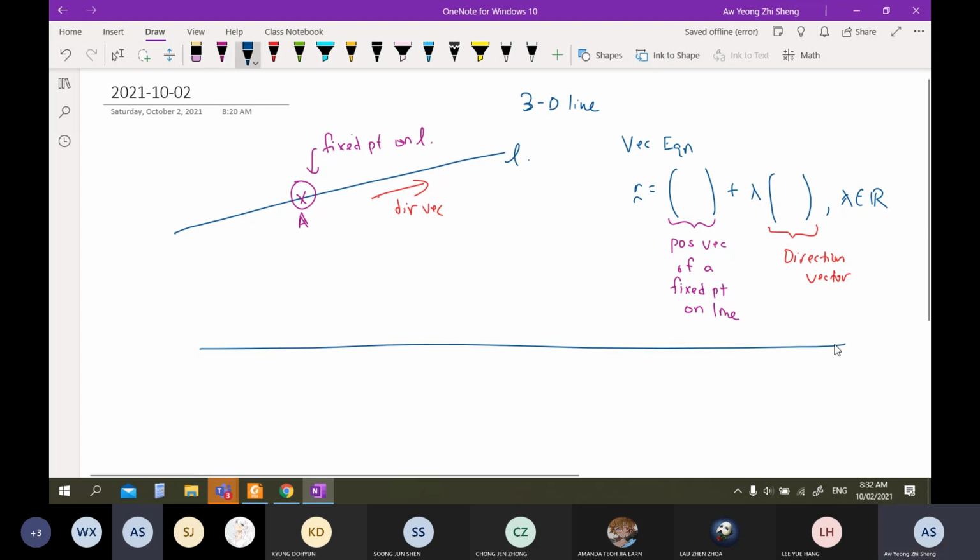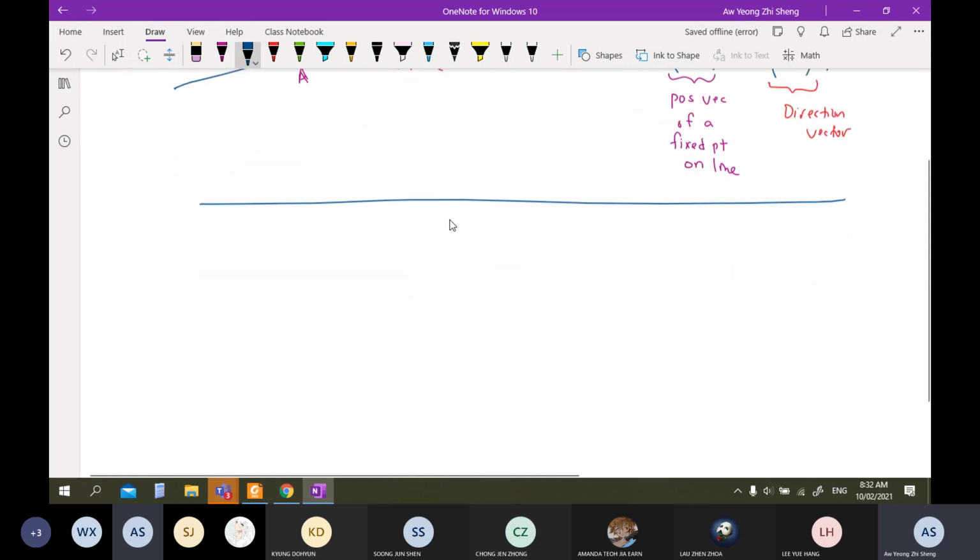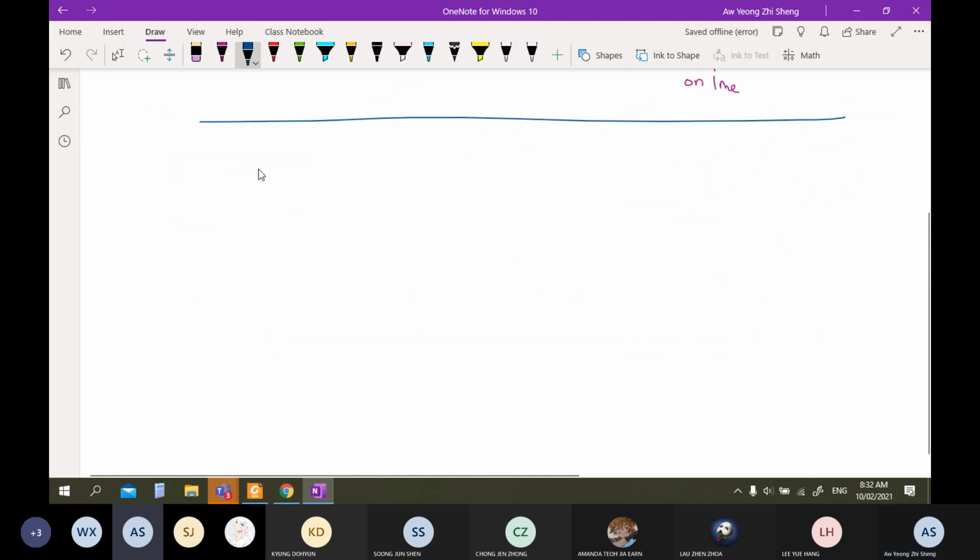Right, then we have also learned how to convert vector equation to Cartesian equation, and also the other way around. To convert vector equation to Cartesian equation, what we need is just to replace the r on the left hand side in the vector equation as a vector x, y, z.